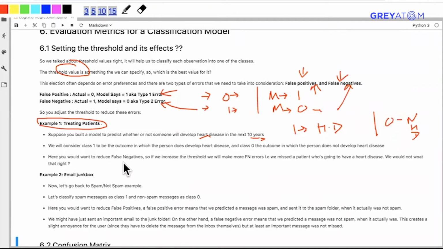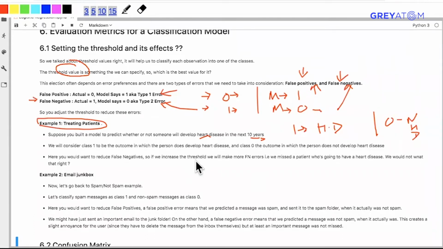If someone is going to have a heart disease in the future, but the model is saying, oh no, he's fine, there's no heart disease for this guy in 10 years, this is a disaster mistake. We are telling someone that you're not going to have a heart disease when he's going to have one. This is a tremendous error. This is a false negative error, and we want to reduce false negatives in this scenario.